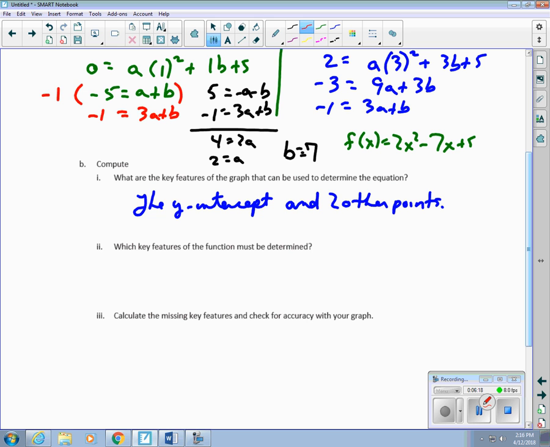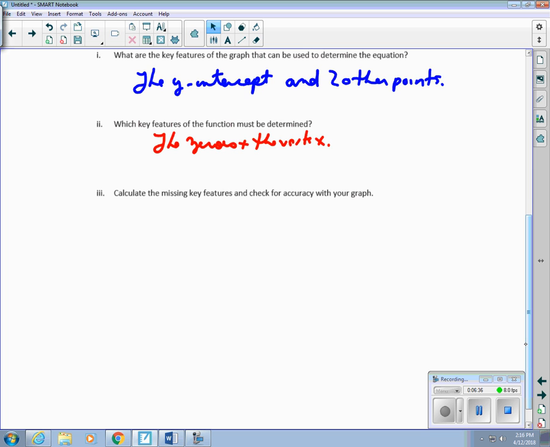Which key features of the function must be determined? The zeros and the vertex. So how do I do that? Well, for the zeros, by seeing that one of my zeros is the number 1, that means it's factorable. So I would do f of x equals 2x squared minus 7x plus 5, set equal to 0.